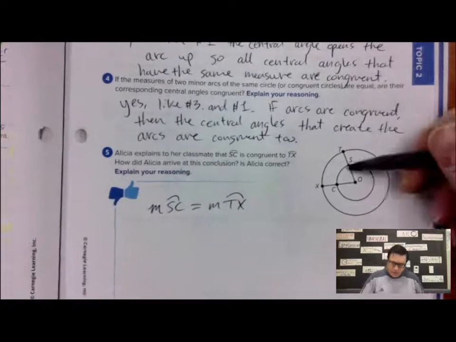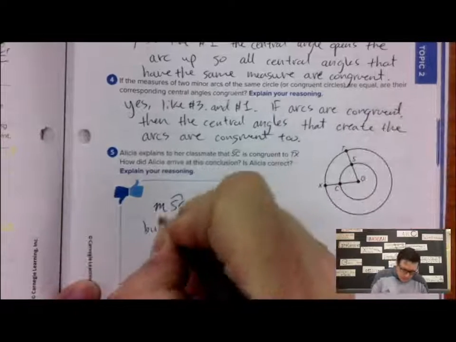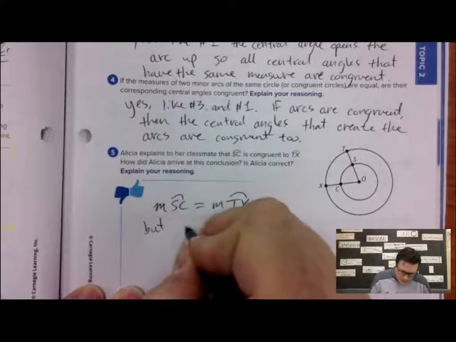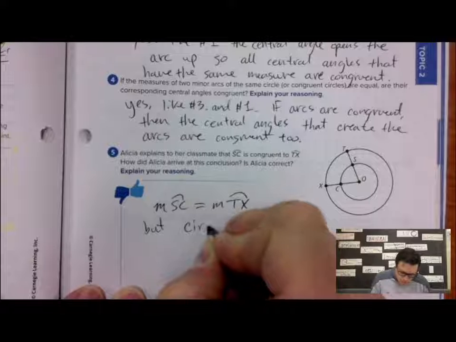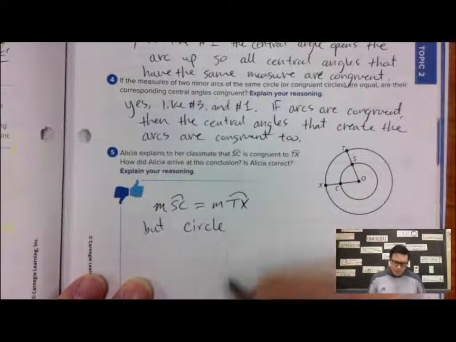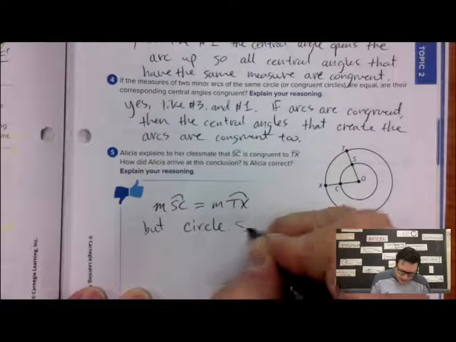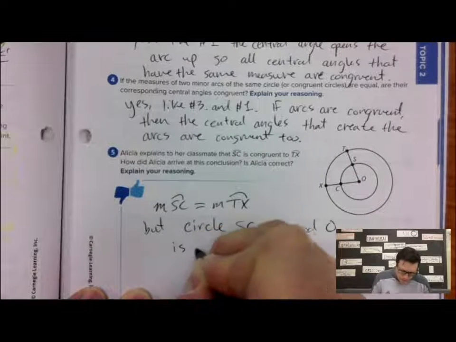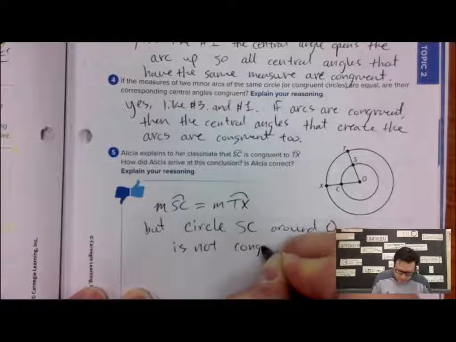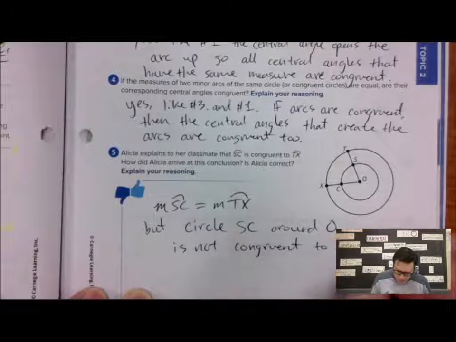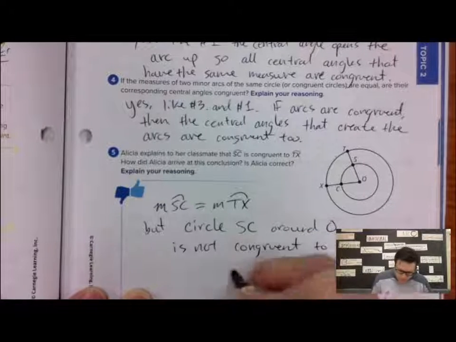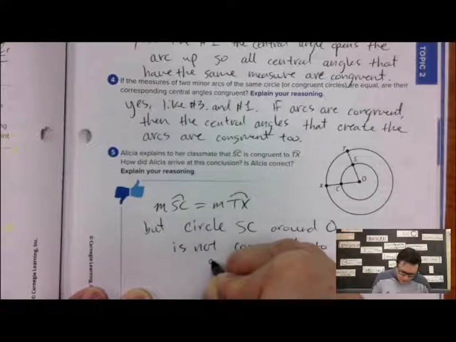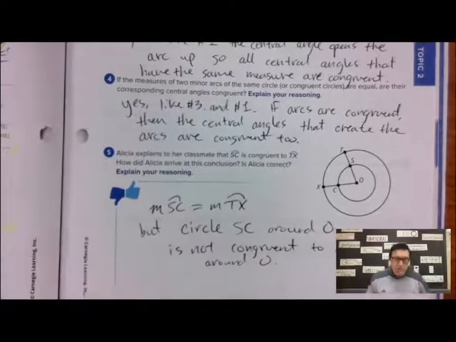But the thing is, these circles are not congruent. Circle O with arc SC is not congruent to circle O with arc TX. They're not the same size.